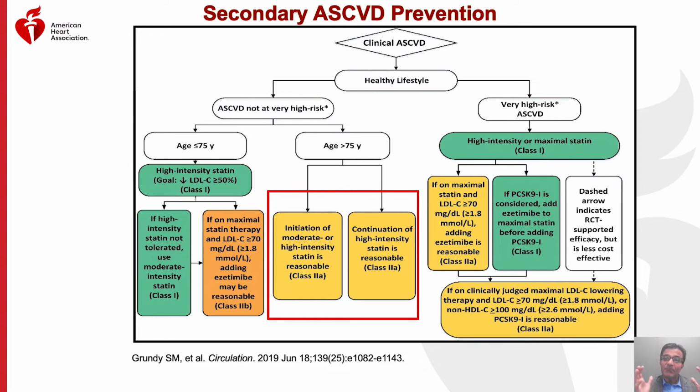So just remember that if patients are tolerating high intensity statin therapy well, and have now crossed the age of 75, there's no reason to down titrate or stop statin therapy in secondary prevention just because they have celebrated their 75th birthday. So that's how we have the not very high risk group.